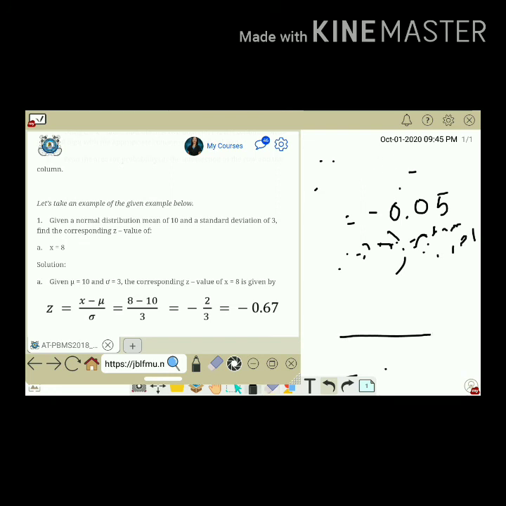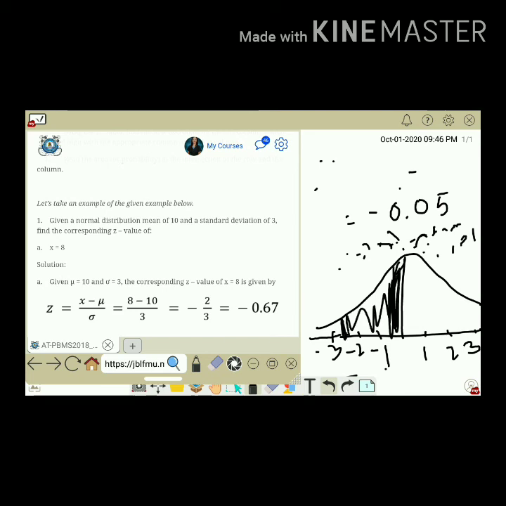This is your mean, this is your normal curve, 1, 2, 3, and this is -1, -2, -3. This only means that the area for -2.55, which is here, we are only locating the area on this part, the area from the mean, which is your 0, going to 2.55.